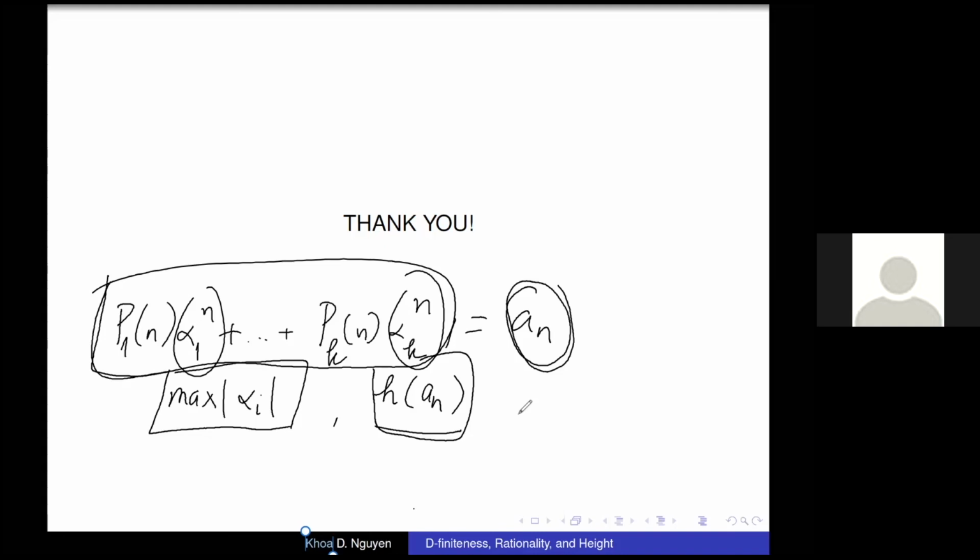So I'm trying to compute what the highest order is in terms of the first 0 through d-1. When you're studying D-finite functions, it's natural to look at the differential equation of smallest order that it satisfies.